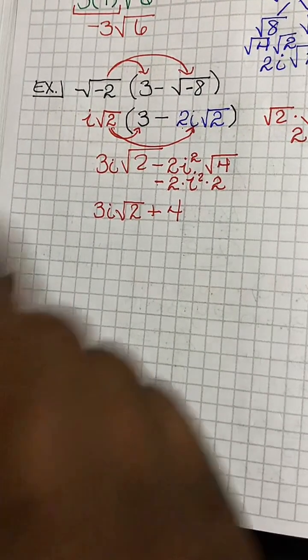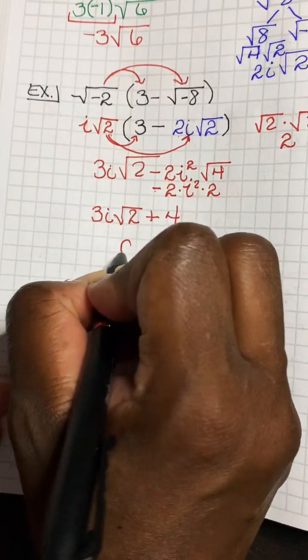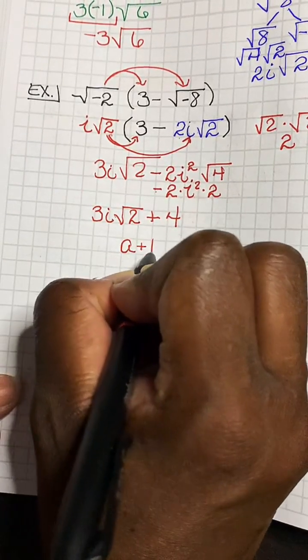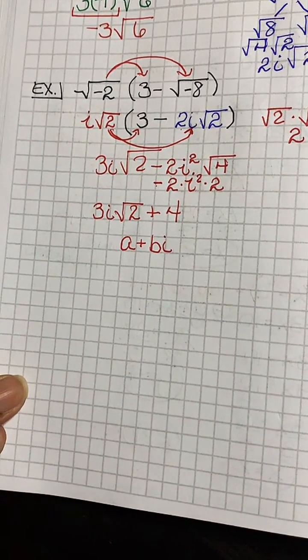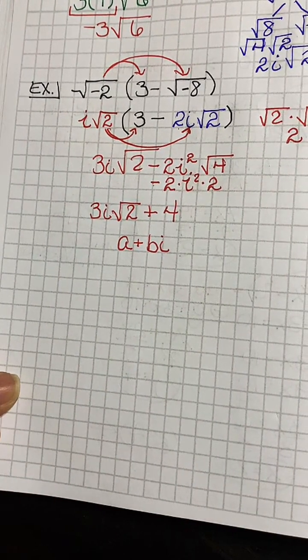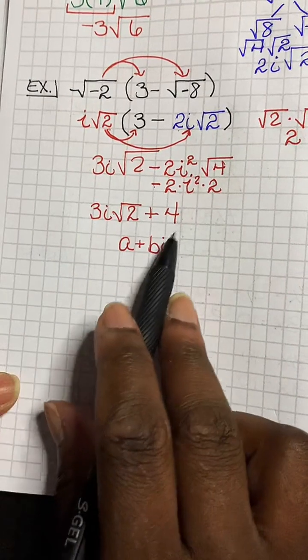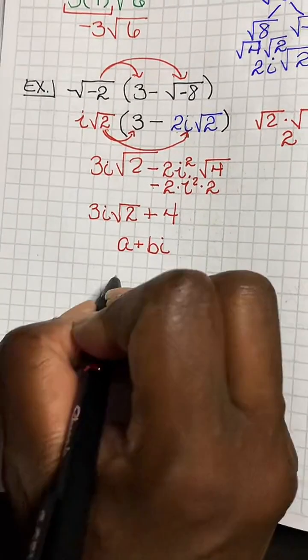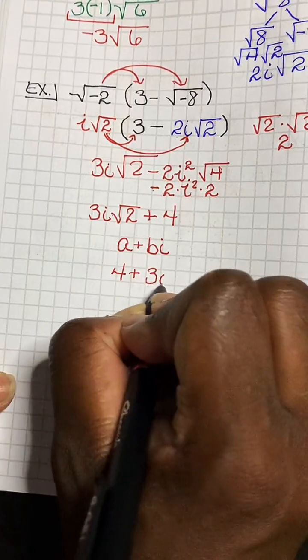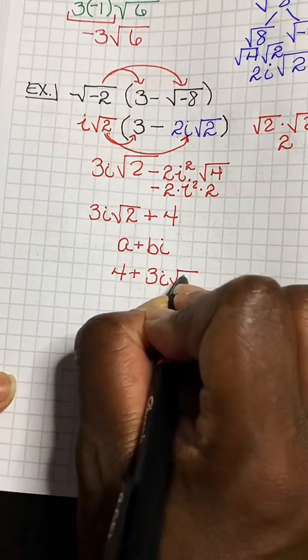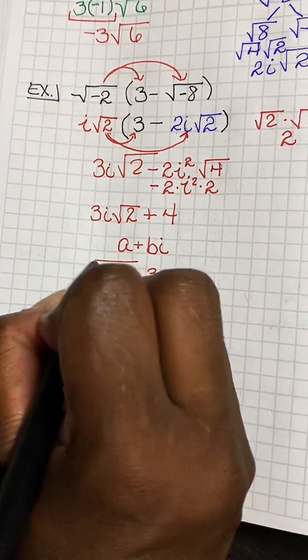Oh, it's not. Hold on. Because I forgot I have to put it in that format, whereas the i's will go to the back. So it's really going to be 4 plus 3i square root of 2.